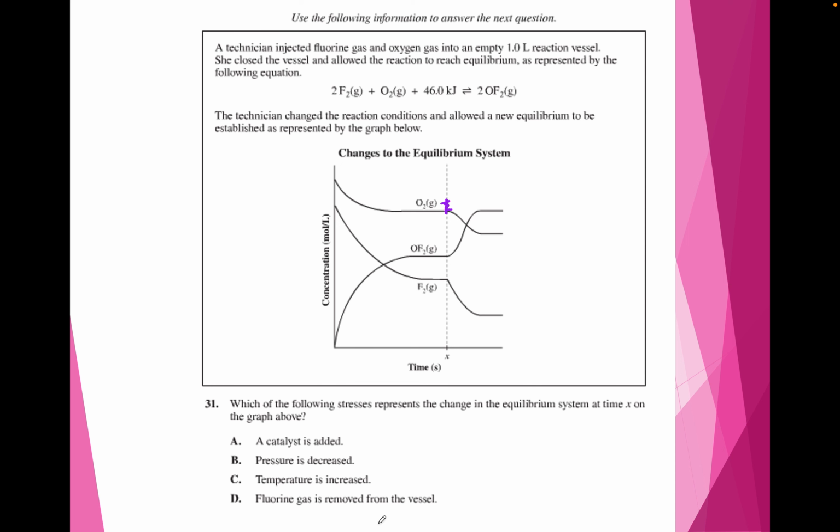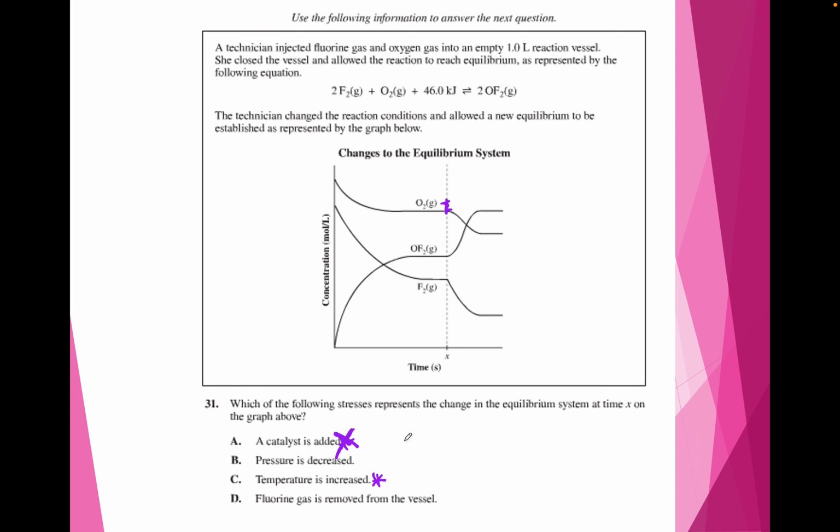Now I would want to look at which way we're going, and this one might not actually require that because there is not an option about temperature being decreased. So it's most likely this one. Let's just double check here. If a catalyst is added, then nothing would happen. It would just get to equilibrium faster. Sorry, that was supposed to be an X, not a star.